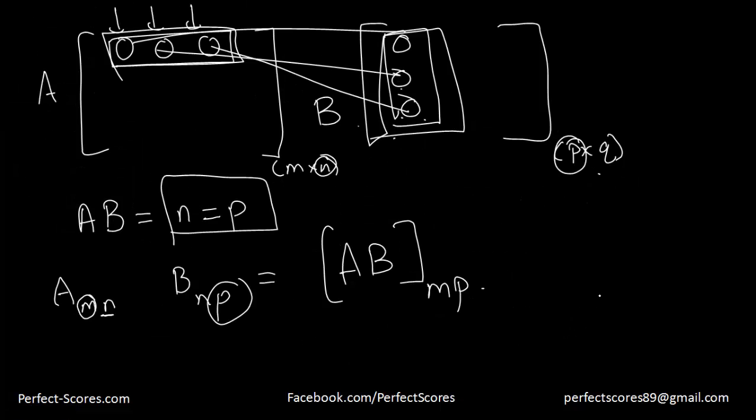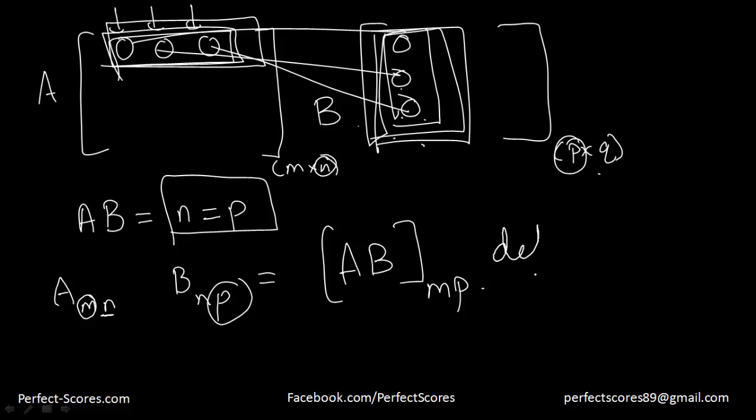So the only way the product of two matrices would be defined is when this information completely matches this information. That means the number of columns of the first matrix, which is getting multiplied with the second matrix, is equal to the number of rows of the other matrix. Then only A and B will be defined.